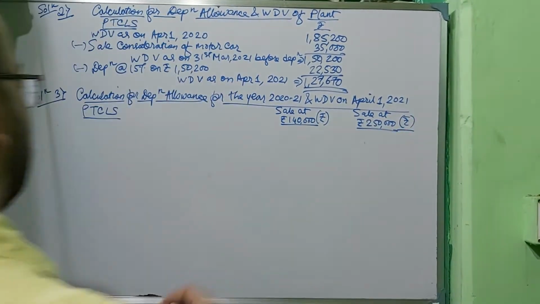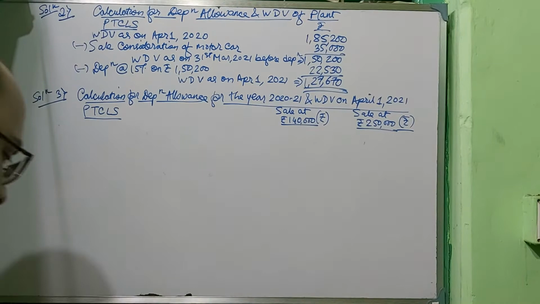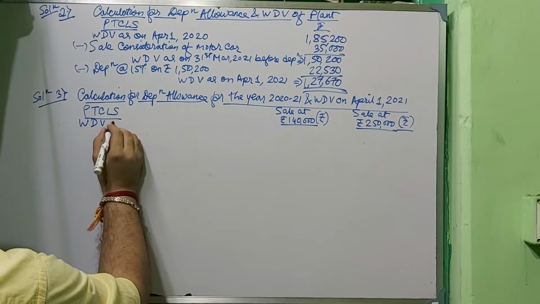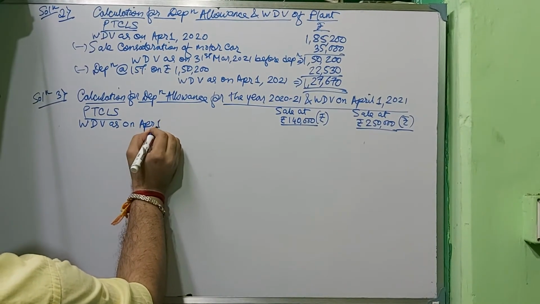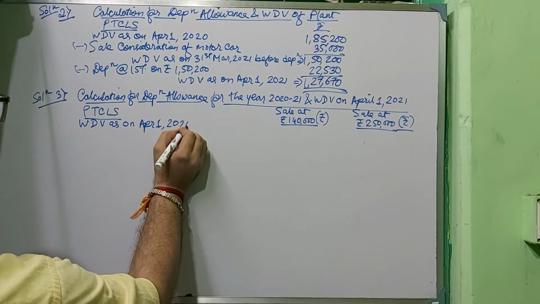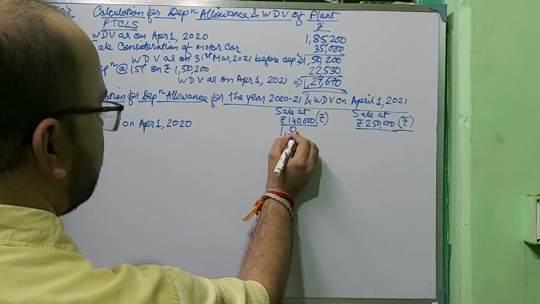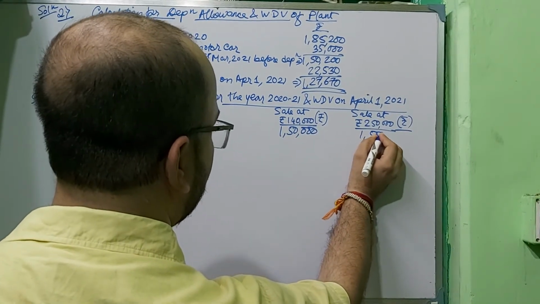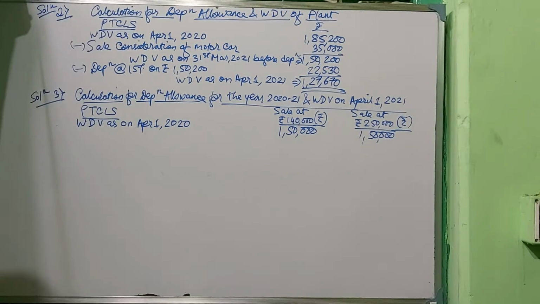You need to draw that, right? I hope it is clearly visible to you all. So WDV has been provided for both the cases as on April 1, 2020. It's obviously given 1,50,000. So it will be both the cases 1,50,000. No change. Okay? No change.